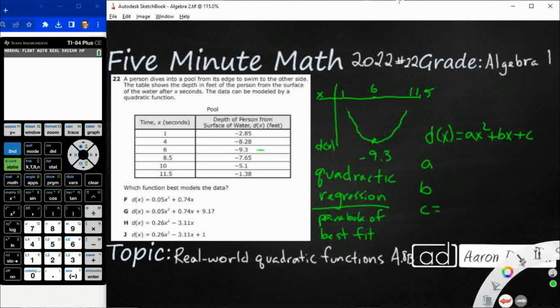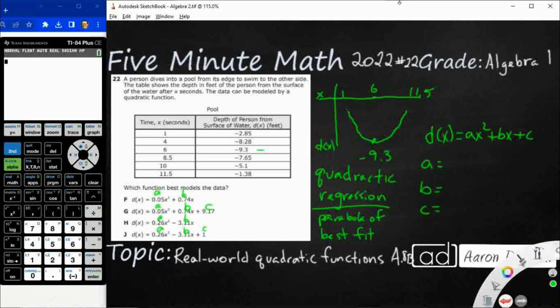If we can find what these three terms are, and as you can tell, F and H don't even have a c. They just have an a and a b. So that's going to be one clue for us. G and J have all three terms, a, b, and c. So if our quadratic regression only gets us a and b, then we know it's obviously not going to be G or J. So how do we do that?